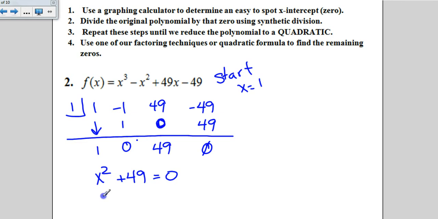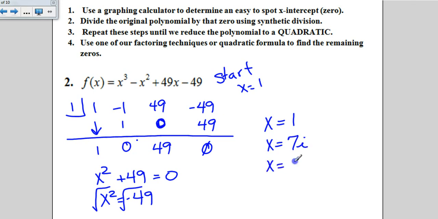So if I subtract 49 from both sides, and then I square root the negative 49, you should remember what happens here. The square root of a negative 49 is plus and minus 7i. So my first answer was x equals 1, and then my second answer was positive 7i, and then remember it also had a negative 7i.